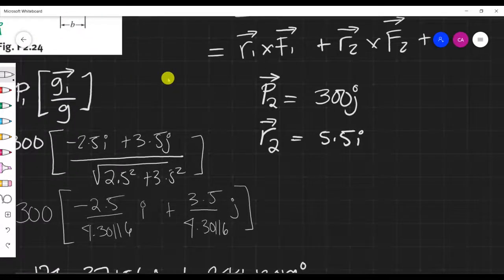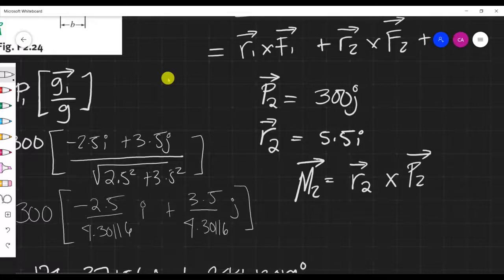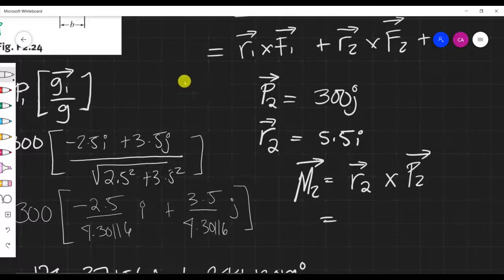So R2 vector is equals to 5.5 I. So tuloy lang natin. M2 is equals to R2 cross multiply with P2. Okay? So arrange lang natin.